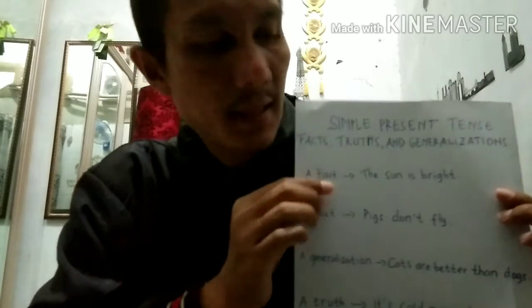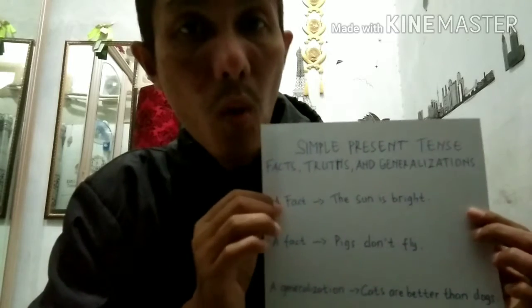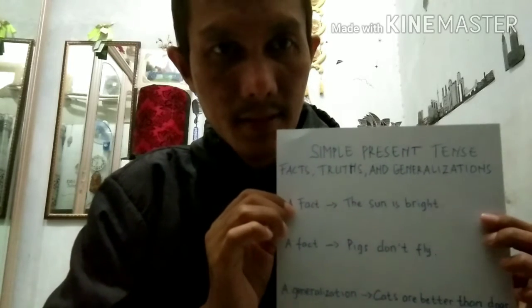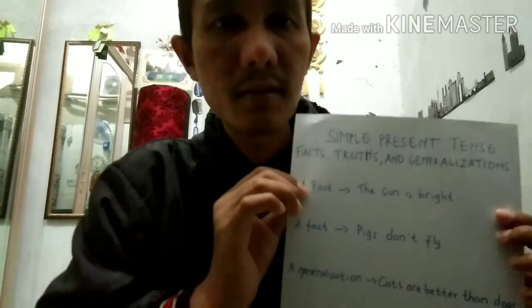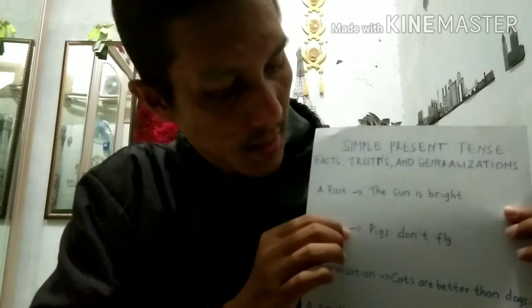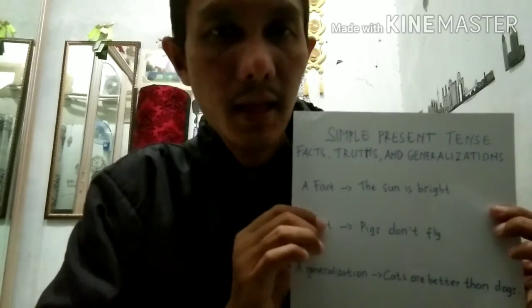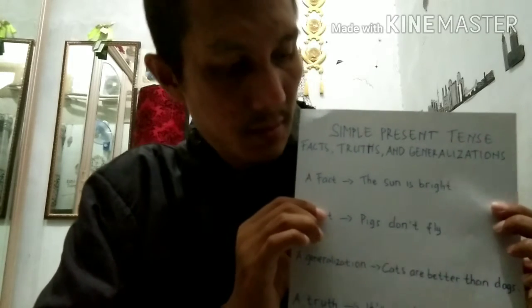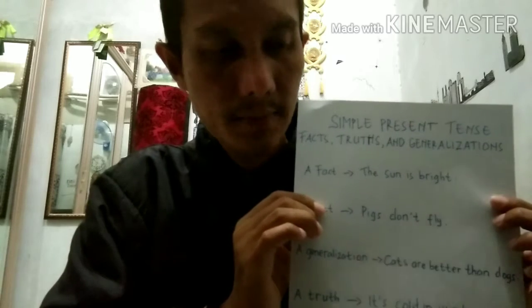In this sentence, I use the be verb is. Why? The sun. If we change the sun to a subject, it is it. And then, in a sentence, I use don't. I use the contraction of do and not.